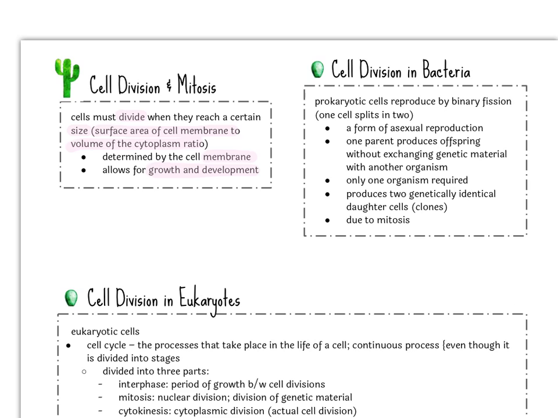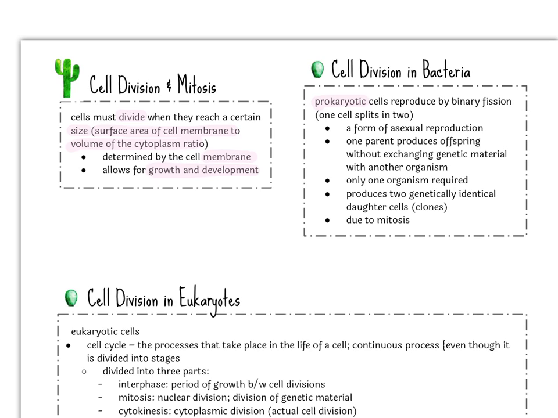So the first type of cell division let's talk about is in bacteria, because it's a bit more simple, not as complicated, so we'll go over that first. So prokaryotic cells, like bacteria are, and if we think back to our last unit's notes, we know that prokaryotic cells lack which part of the cell? They lack a nucleus, so they have less to divide, so it's a little bit more simple.